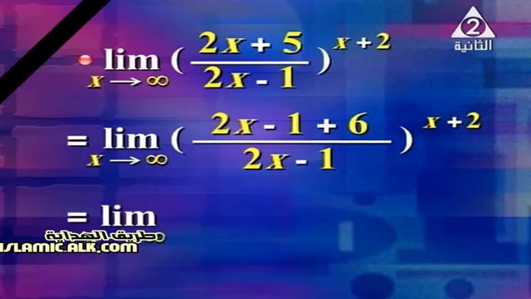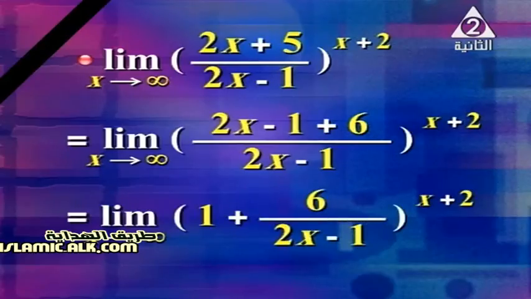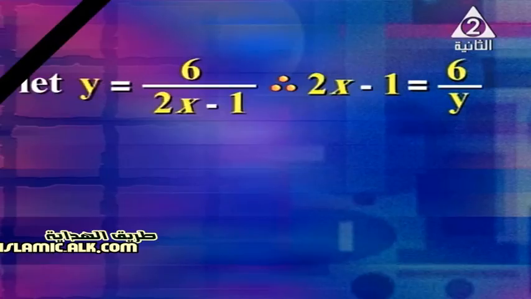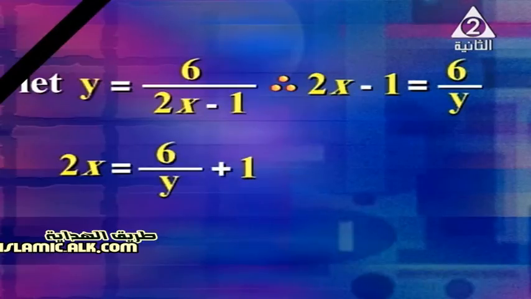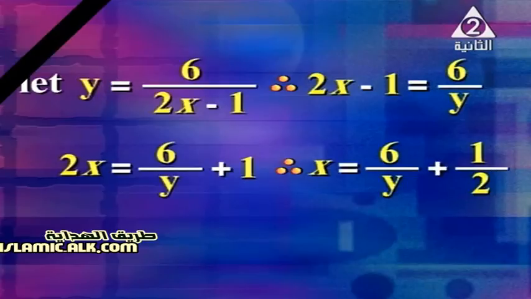Then the fraction becomes limit when x to infinity, 2x minus 1 over 2x minus 1 is 1 plus 6 over 2x minus 1 for all power x plus 2. Remember, dear student, when y equals 6 over 2x minus 1, by cross multiplication we deduce that 2x minus 1 equals 6 over y, 2x equals 6 over y plus 1, then x equals 6 over y divided by 2 plus 1 over 2.